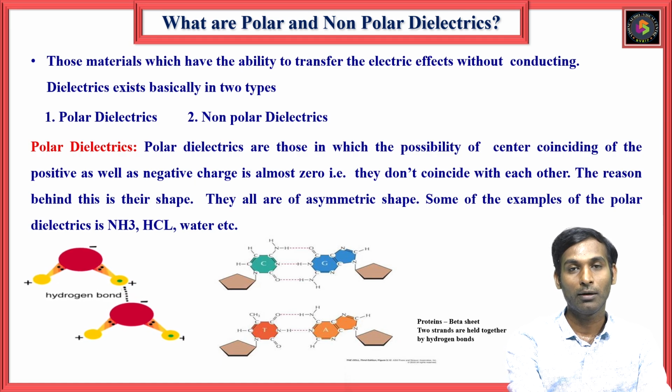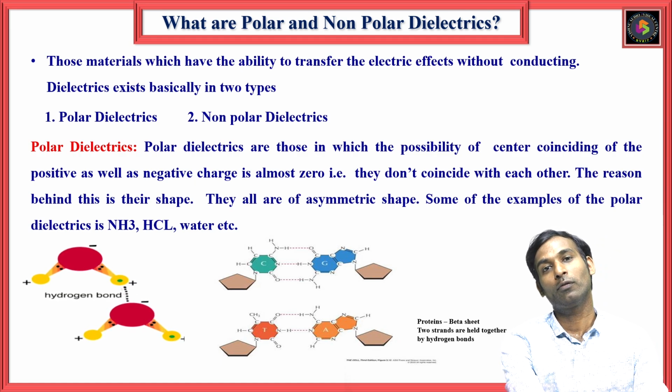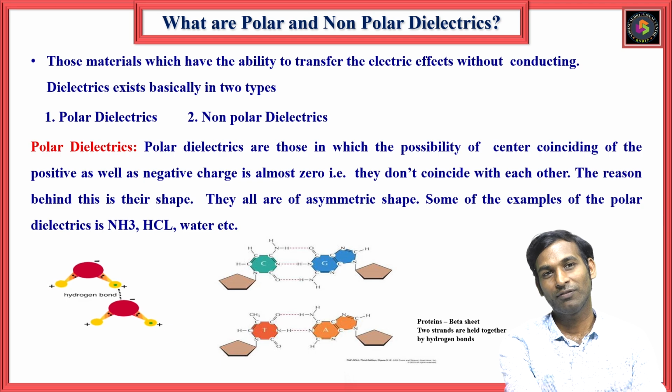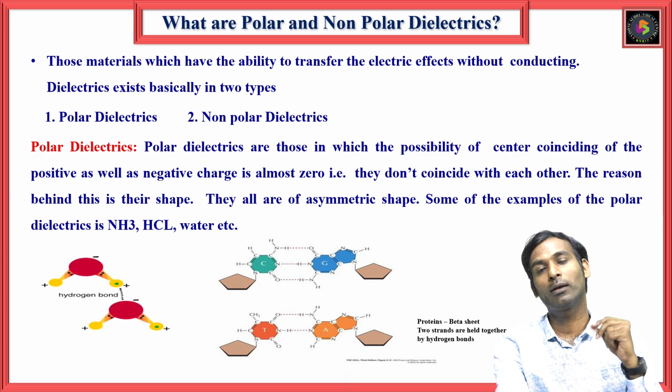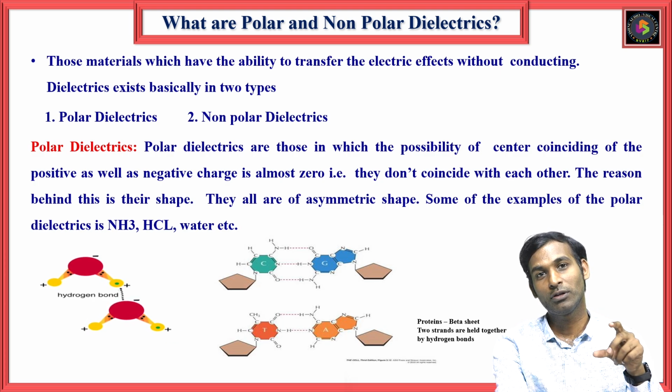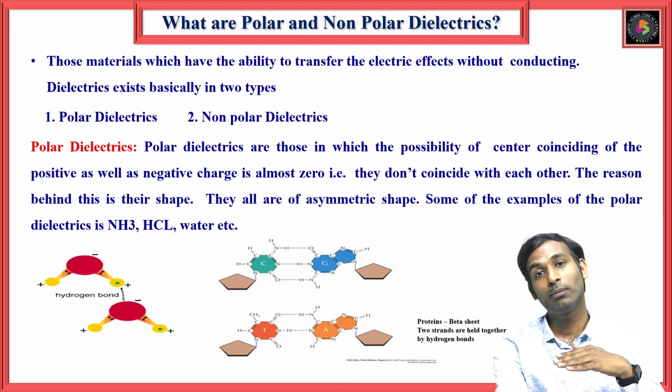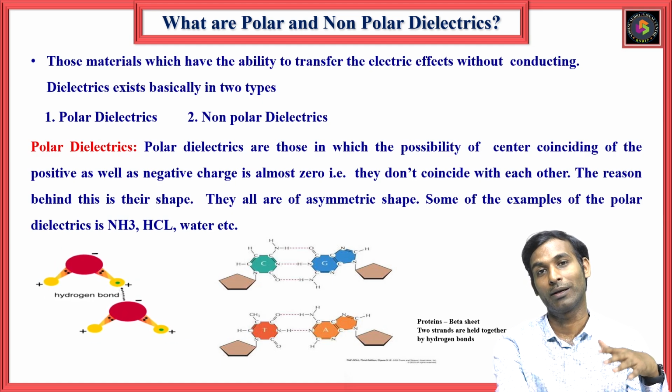See here, from the exam point of view, I am taking H2O, that is water, alcohols, proteins, and also quartz material. These are purely related to the polar content only. If you take water, water molecules have a permanent dipole moment.